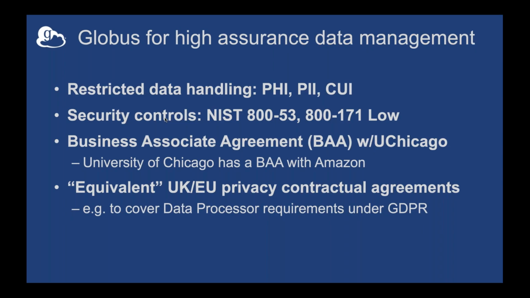One recent development in the Globus ecosystem is integration of support for high assurance data management. I've explained that Globus is a cloud-hosted service to which you make requests to move data from one storage system to another, to control who's allowed to access data on a storage system, an endpoint, as we call it.